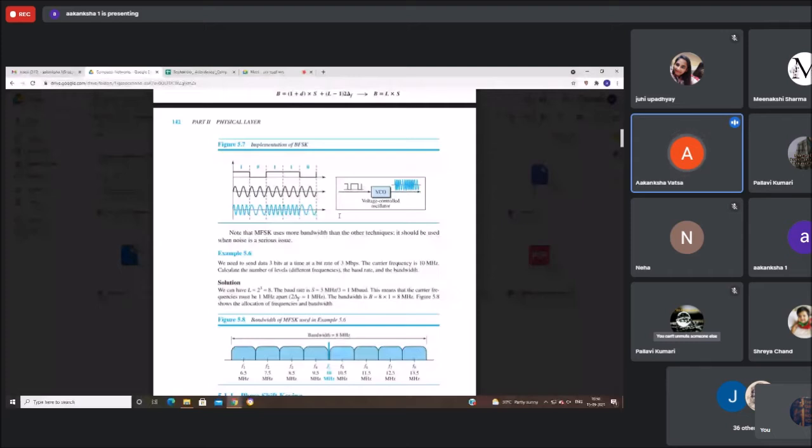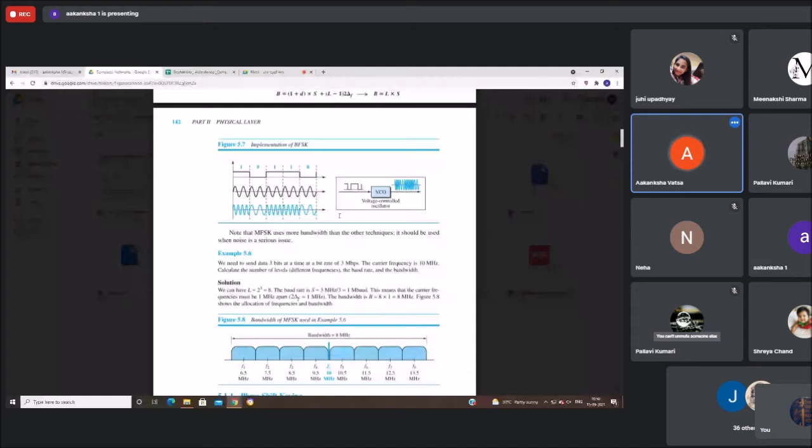So, just to send more bits per second or to increase the data rate, we'll be using so many things, modulator, demodulator, and decoder also, and you will be needing so many hardware devices to generate those different types of frequency levels, and you'll be needing more bandwidth for different frequencies and different signals to be sent in MFSK.